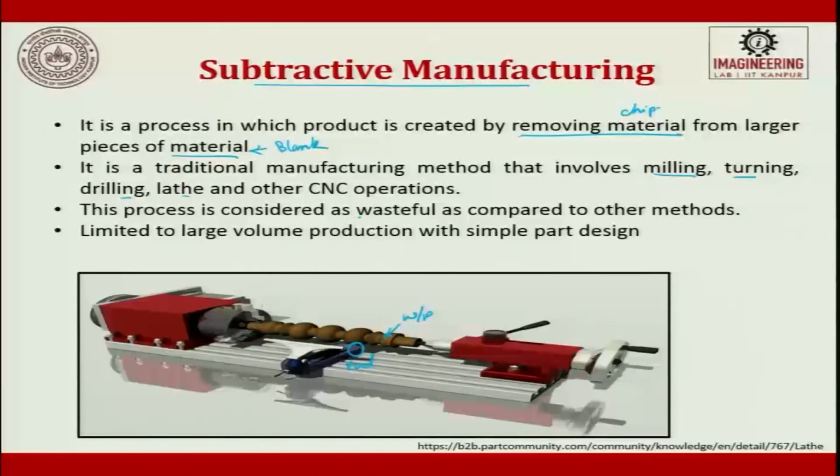So, this process is nowadays not even thought of as falling under the gamut of sustainable manufacturing. It is limited only to large volume production, because the tooling might be costly, the machine might be costly. So, making one piece and then making money out of it is next to impossible. It is limited to large volume production with simple part design.